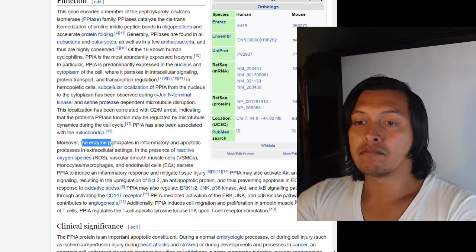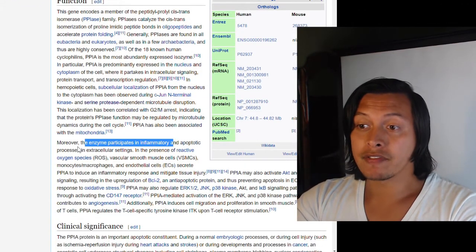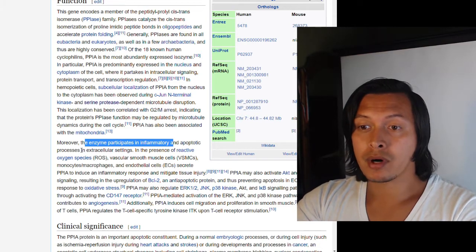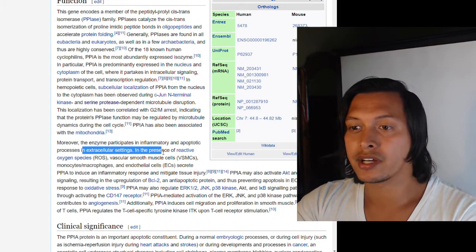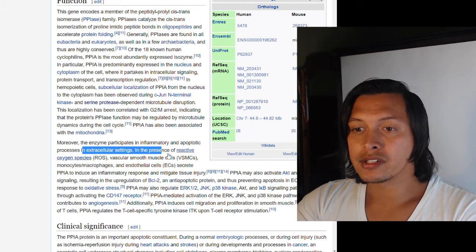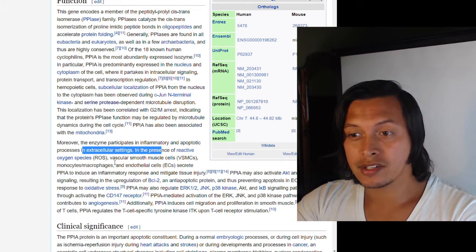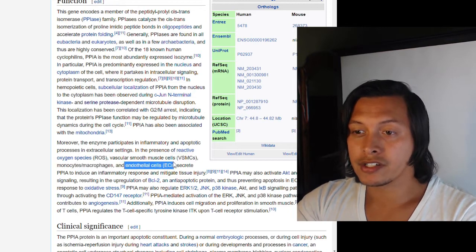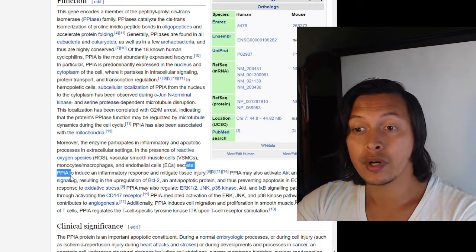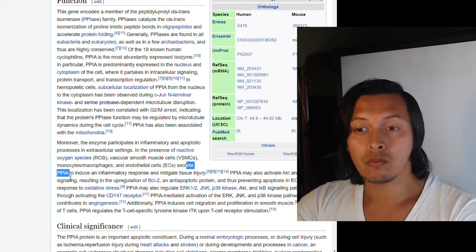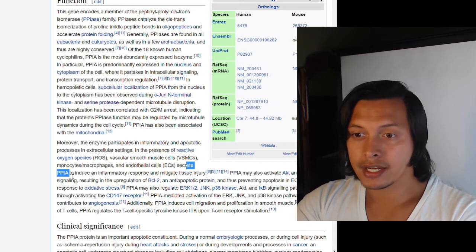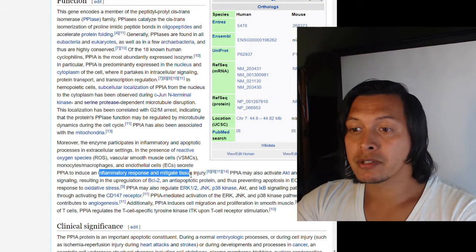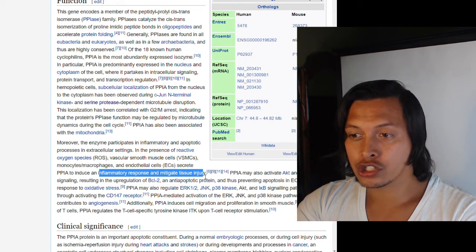Moreover, the enzyme participates in inflammatory and apoptotic processes in extracellular settings in the presence of reactive oxygen species. Vascular smooth muscle cells, monocytes, macrophages, and endothelial cells will secrete these PPIAs, or cyclophilin As, to induce an inflammatory response and mitigate tissue injury.